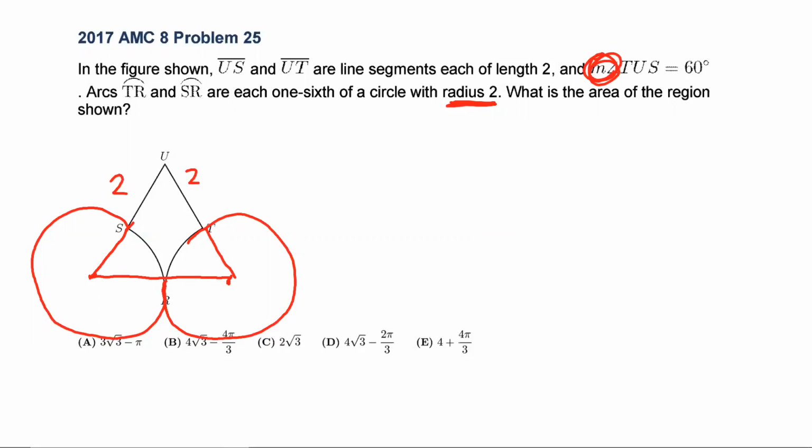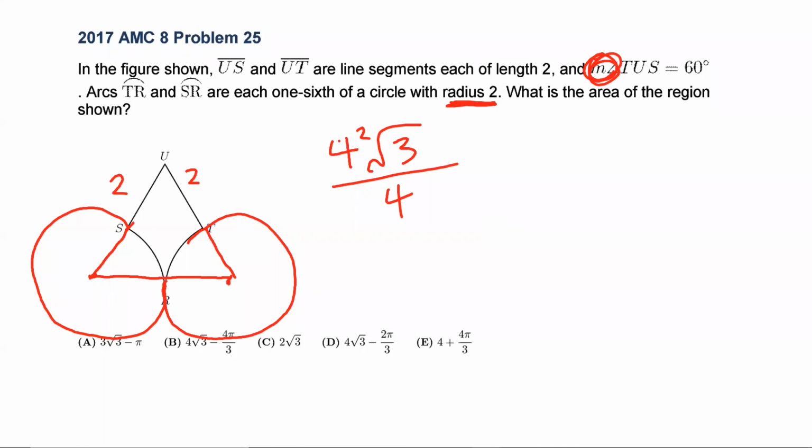This triangle is actually an equilateral triangle with side length of 4, which means that technically the total area of it would be 4 squared times root 3 divided by 4, I believe. Is that the correct formula? Okay, sure, why not? So that would be the area of the equilateral triangle.